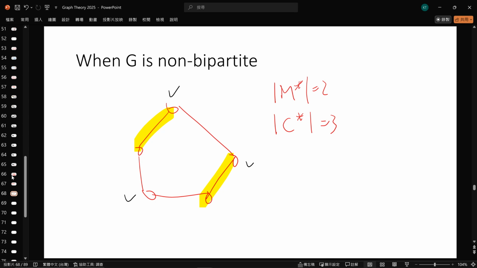In an odd cycle like this one, this is C5, the maximum matching has 2 edges. This is the best, you cannot have 3 edges in C5. And the minimum vertex cover is 3. You cannot use just 2 vertices or fewer to cover all the edges in a C5. So in this case, these 2 values are not the same.